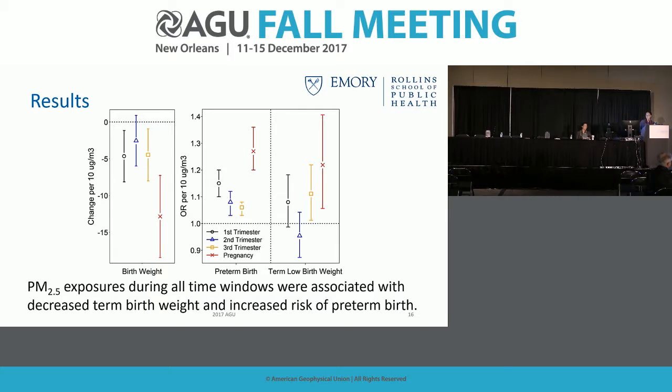So first, we noticed that PM2.5 exposure during all time windows was associated with decreased term birth weight and increased risk of preterm birth. Comparing the trimester-specific health effects, we noticed that the exposure during the first and the third trimester had a higher health effect for birth weight and term low birth weight. And exposure during the first trimester has a higher health effect on preterm birth.